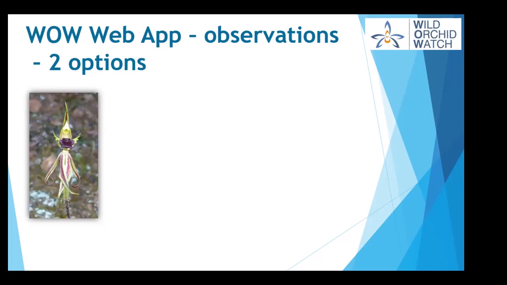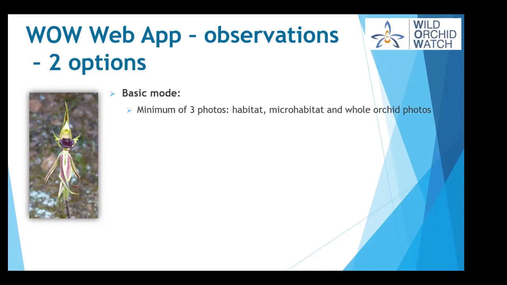Now, one of the things with this app was that we've got two modes. The first one is a basic mode, and the concept behind that is to have something that is really quick and still get useful information. So if you're short on time, you don't have to go through the whole thing. That requires a minimum of 3 photographs: the habitat, microhabitat, and the whole orchid photo.